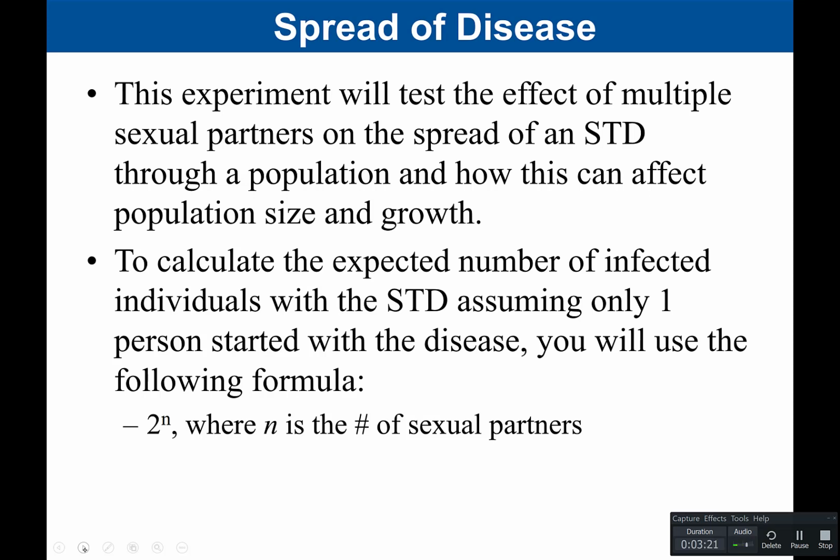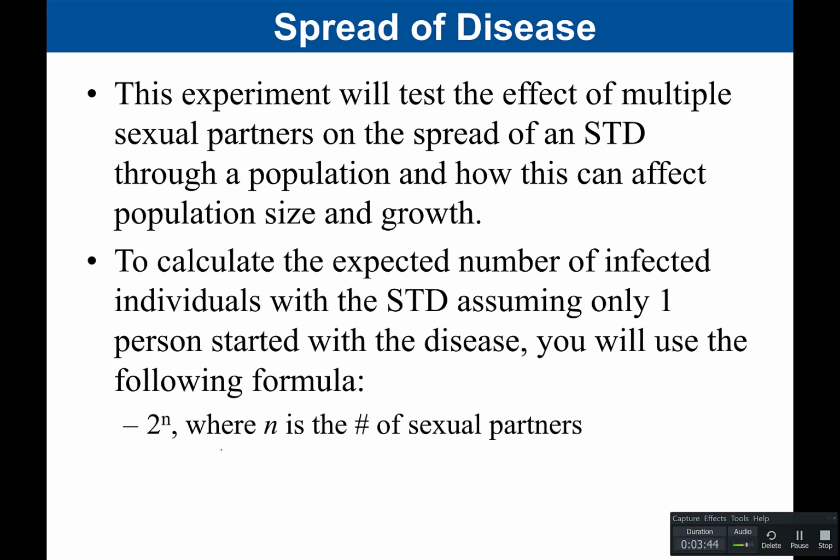To calculate the expected number of infected individuals with an STD, assuming that only one person started with the disease, you're going to use the following formula: 2 to the n power, where n is the number of sexual partners. Let's say they have 2 sexual contacts.